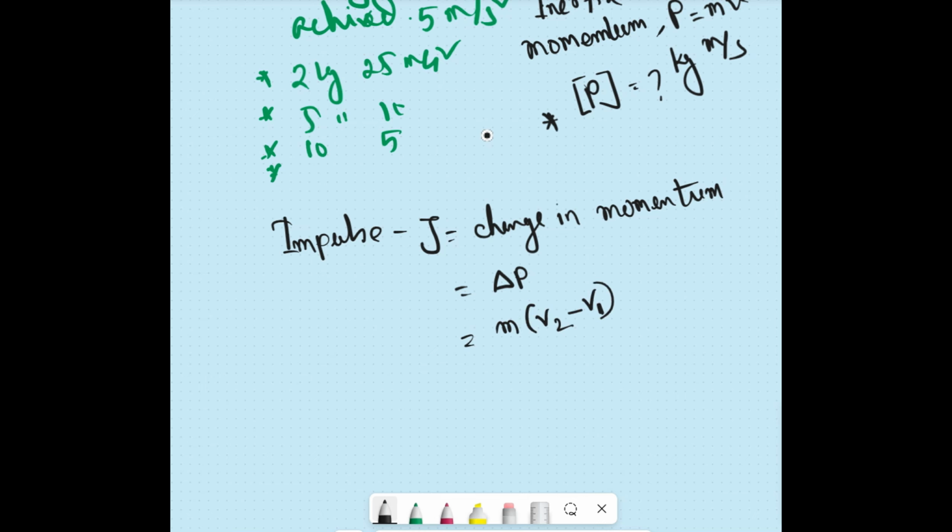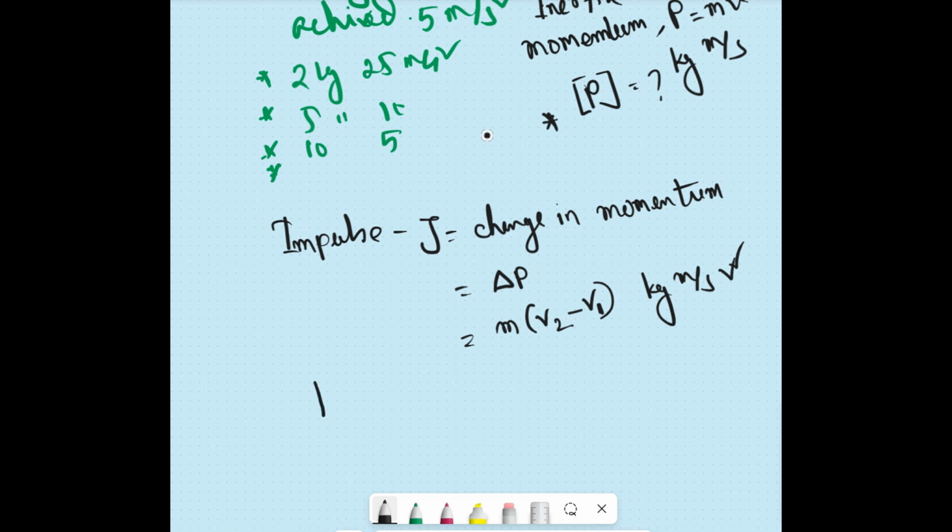And what is the unit for impulse? So this is kg meter per second. So the impulse and momentum units would be the same. But if the question asks what is impulse force, right? What is impulse force?